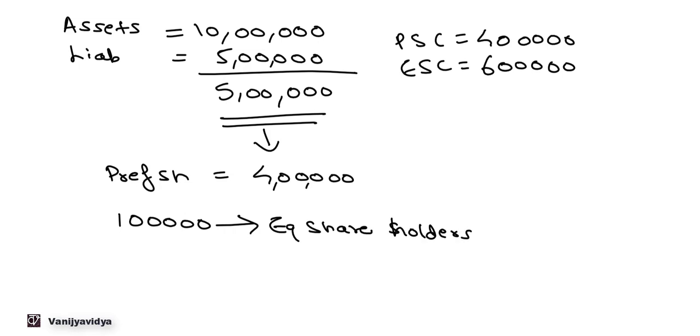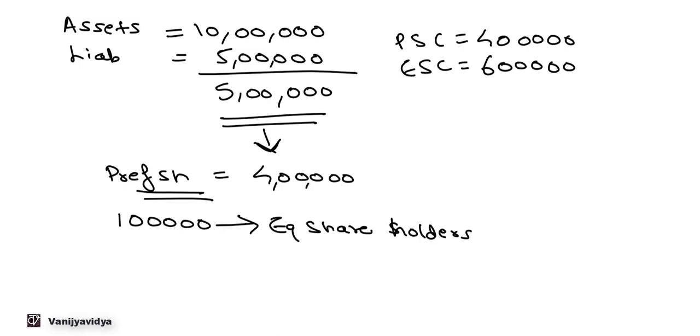So if we see, the preference shareholders will get a preferential treatment over equity shareholders while paying the capital due at the time of dissolution, at the time of winding up of a company.